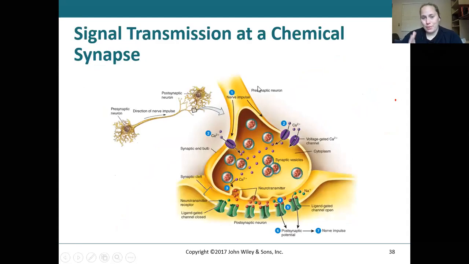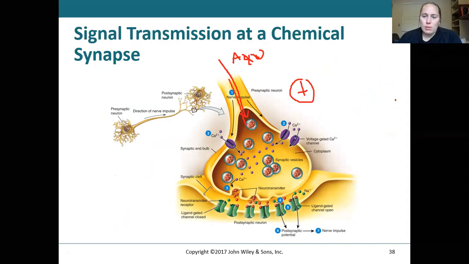Go ahead and watch the video. Okay, so if we zoom into the synapse and check out what's happening there, you can see that you have an action potential traveling down that axon. Again, it's making the cell more positive as it does that.